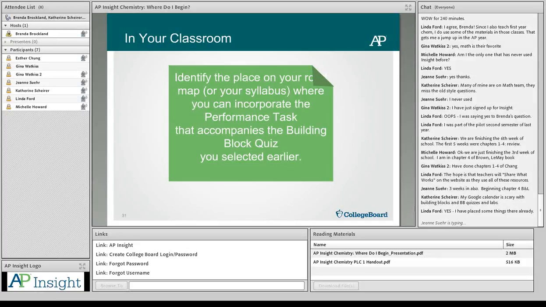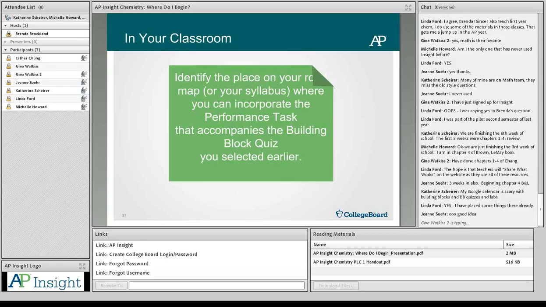All right, and Linda says she is starting to share on the website, and that's perfect. Okay, so you want to find a spot where you're going to be able to use the building block you were looking at.